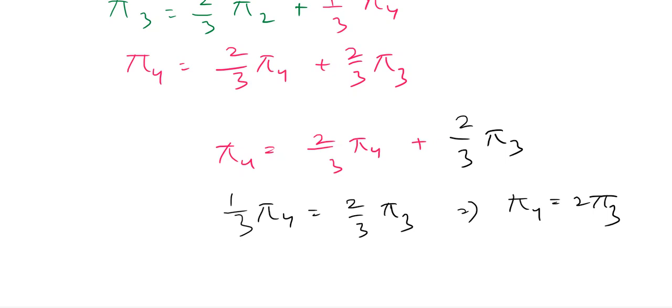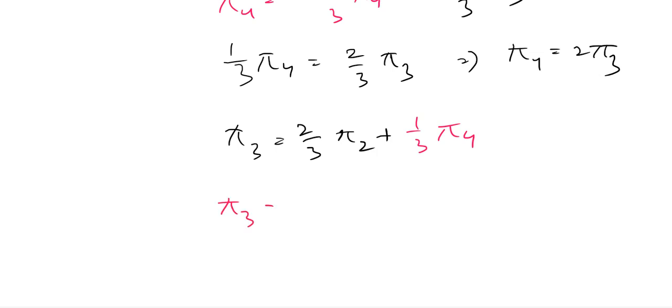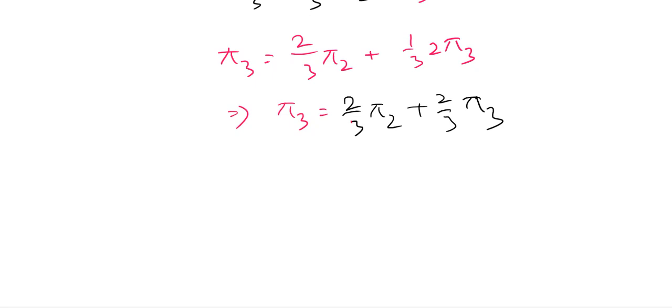Using equation 3, pi 3 equals 2/3 pi 2 plus 1/3 pi 4, and by substituting pi 4 equals 2 pi 3, pi 3 equals 2/3 pi 2 plus 2/3 pi 3. Rearranging again, 1/3 pi 3 equals 2/3 pi 2. So pi 3 equals 2 pi 2.